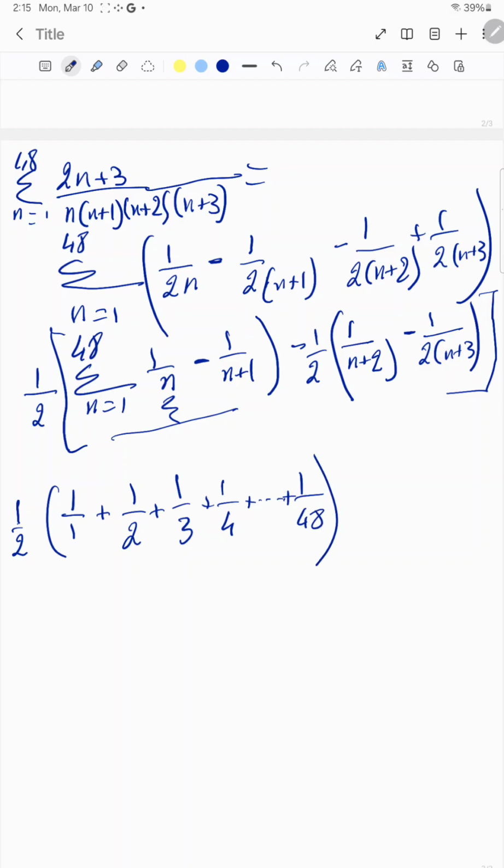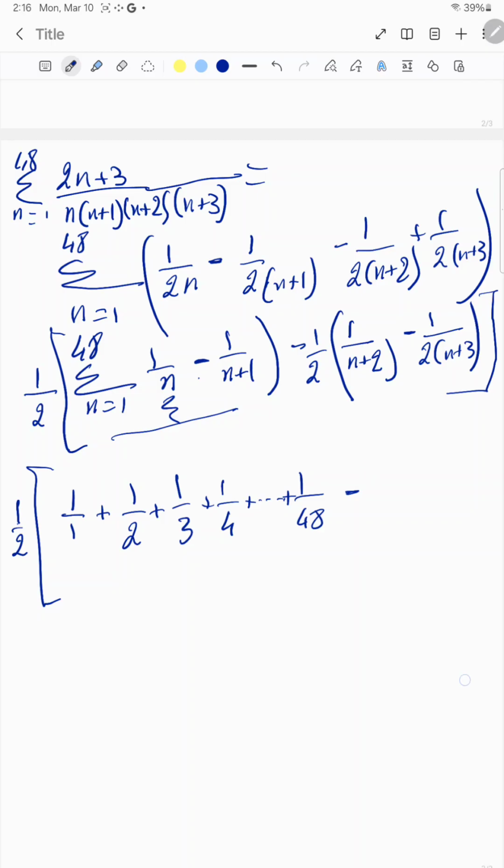Yeah? And here I have the minus. Let's take out the parentheses from this one. Everything is going to become minus, because of the minus here, I have to multiply everything by minus.